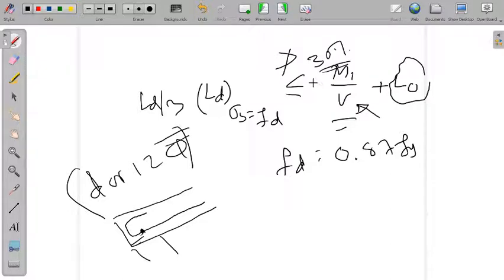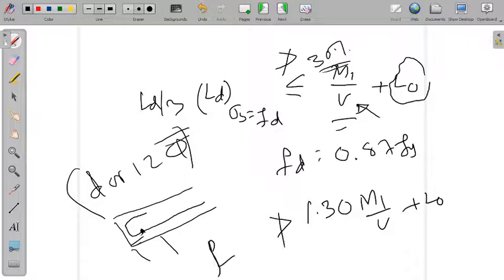So in this case, this expression will be written as 1.3 M1 by V plus L0. This is how we can change the equation.